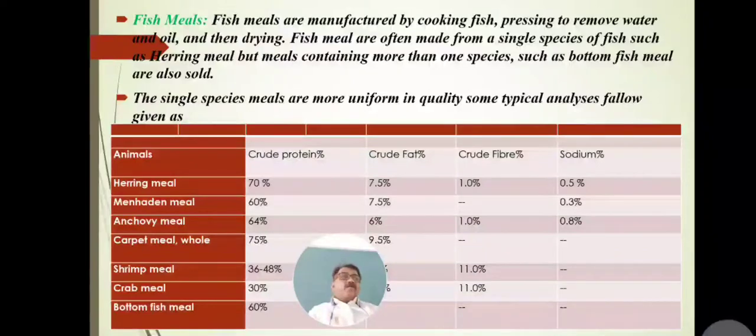Fish meals are manufactured by cooking fish, pressing to remove water and oil, and then drying. Such dried fish is called fish meal.